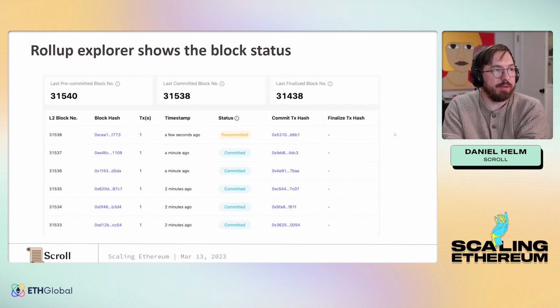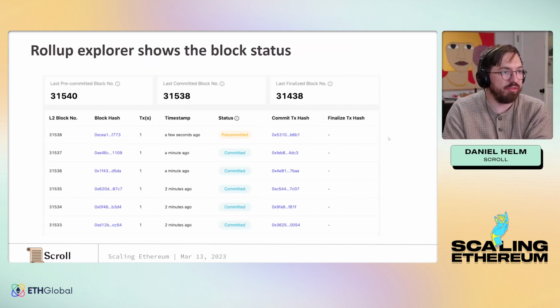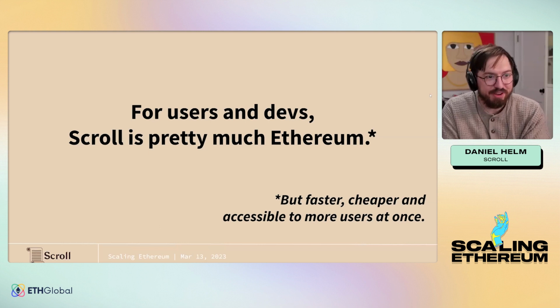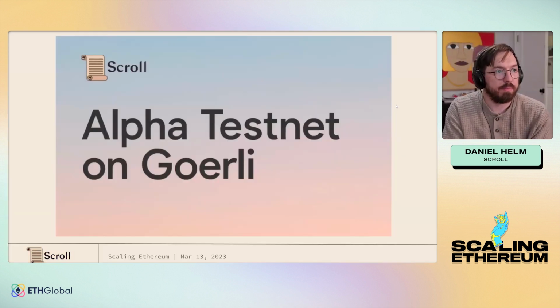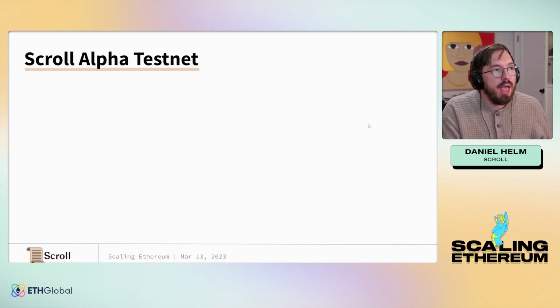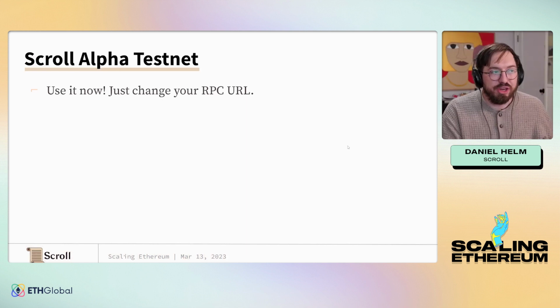If you're interested in diving deeper into this, we have a Rollup Explorer that shows a little bit of how this works. But remember, for most users and devs, Scroll is pretty much Ethereum, but faster, cheaper, and accessible to more users at once. If you're interested in trying out Scroll, we launched our alpha testnet on Goerli about 2 weeks ago, and you can use it.